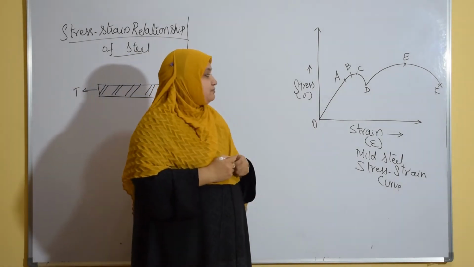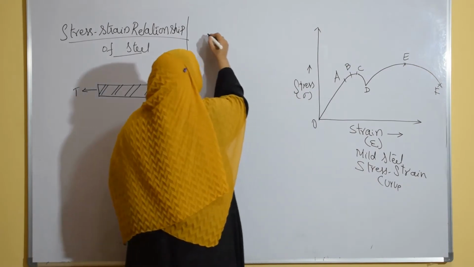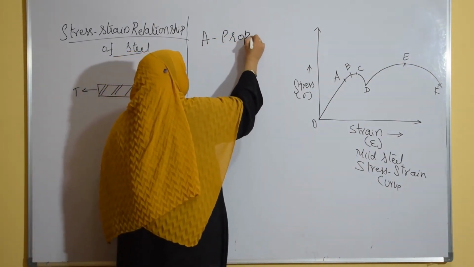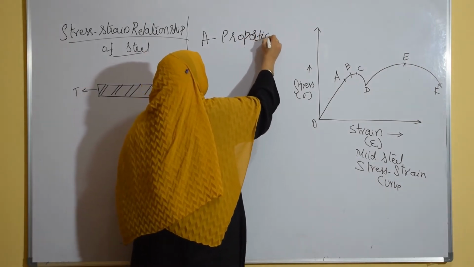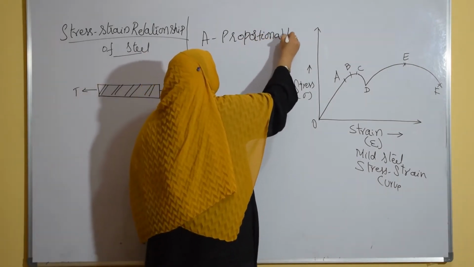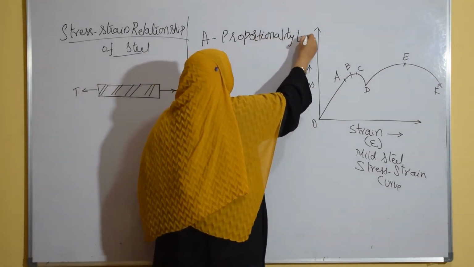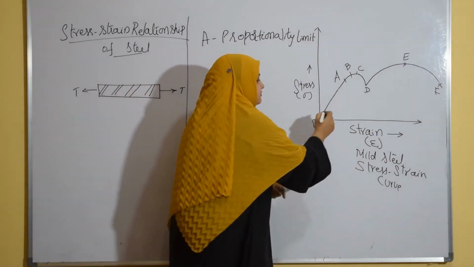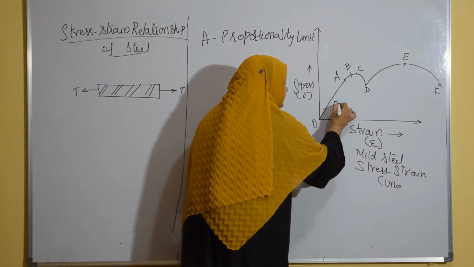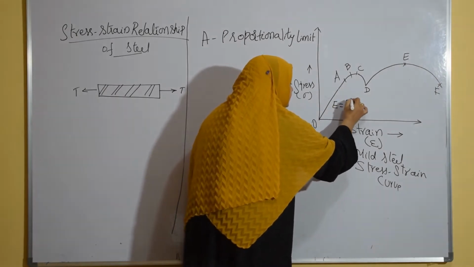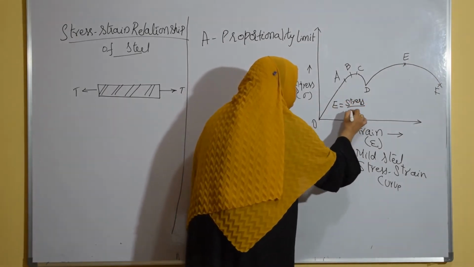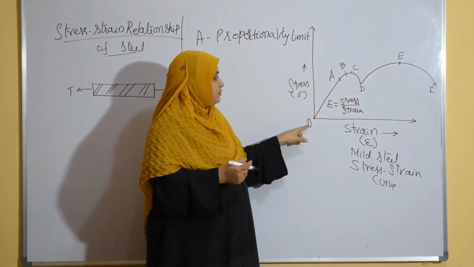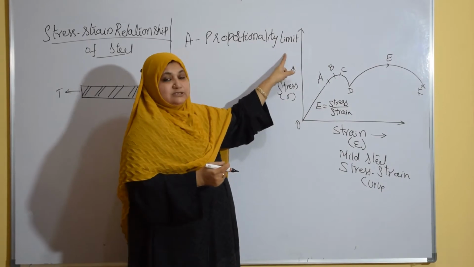A is called the proportionality limit. Within this, stress is directly proportional to strain, and it is given by a relationship which I will tell you later on.